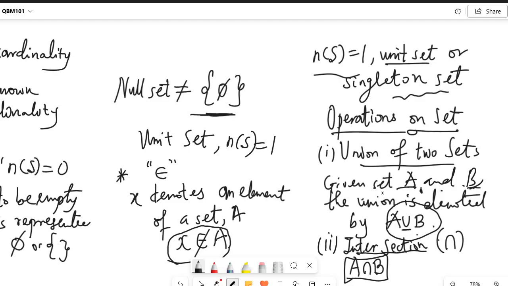So you are only collecting the elements that are common to both sets A and B. Take note, unlike union that just brings everyone together, for intersection you are only considering those elements that are in common. That's where the word intersection comes from.